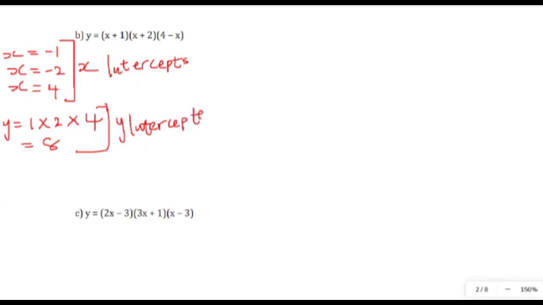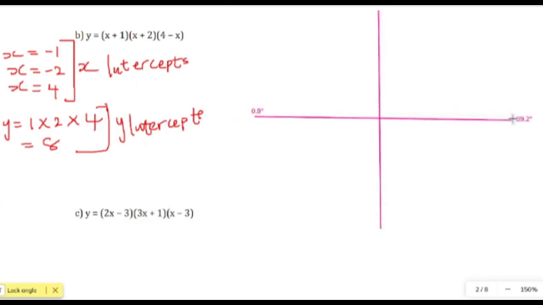So we can easily sketch our graph at this point. So we have it this way. Now let's look at values of x, ranges from -2 to +4. So we have -1, -2, -3.